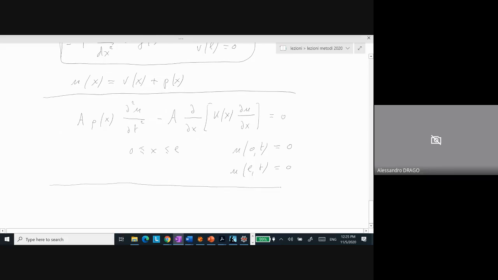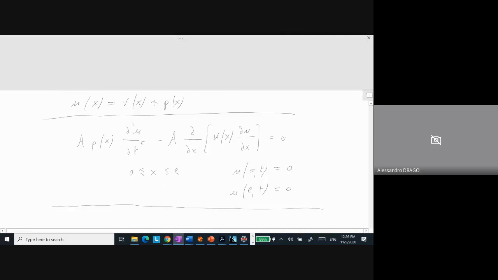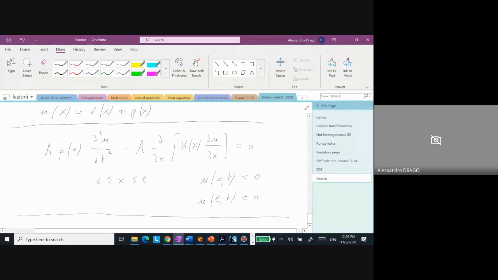We have to define essentially this potential energy. To define this potential energy, we can multiply this equation by du over dt. So let me write it here. I multiply this equation by du over dt.